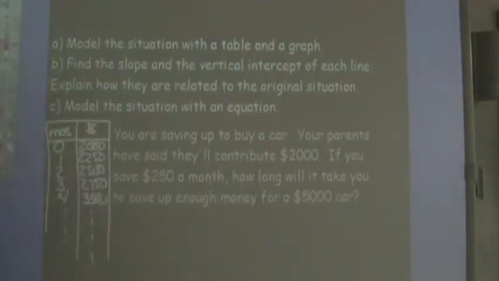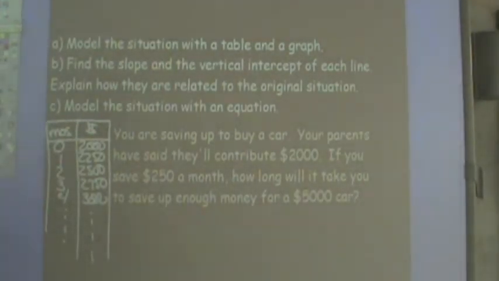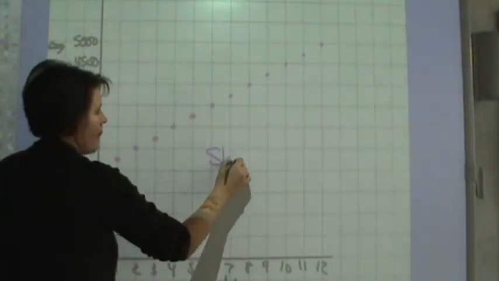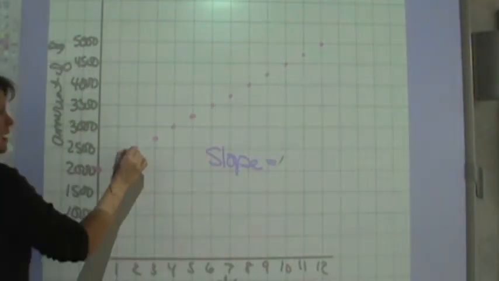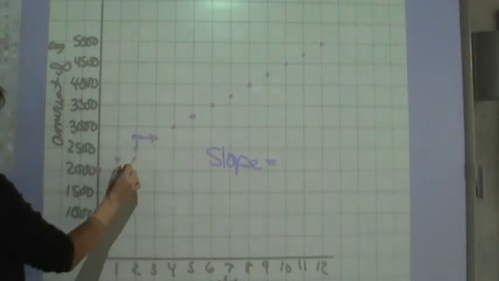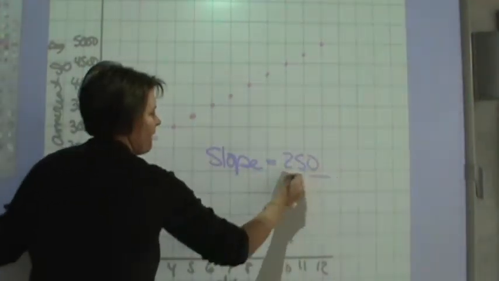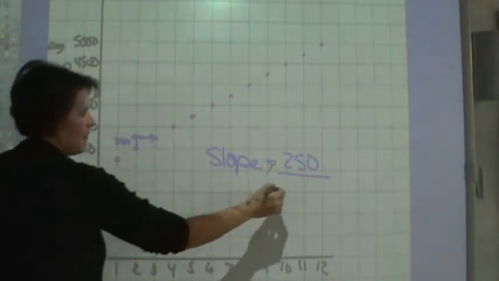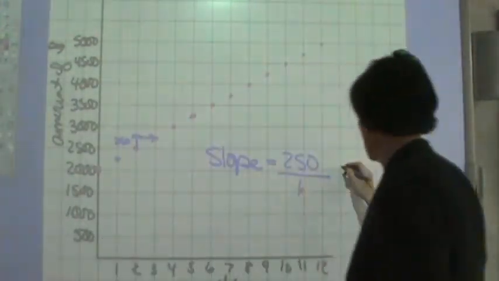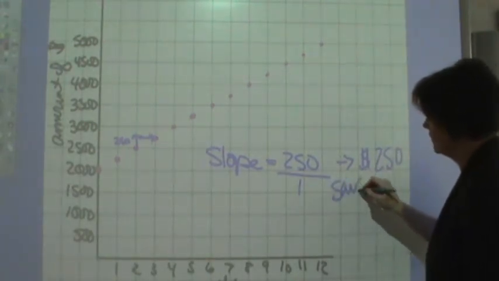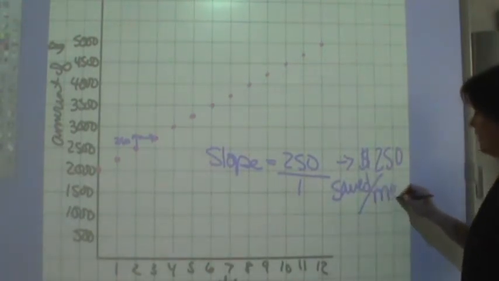Okay. So, let's see, we did that. We got the slope and the vertical intercept. All right, the slope is going to be up and over. Well, I'm going up $250, right? And I'm going over 1 month. Okay, so that represents the $250 saved per month.